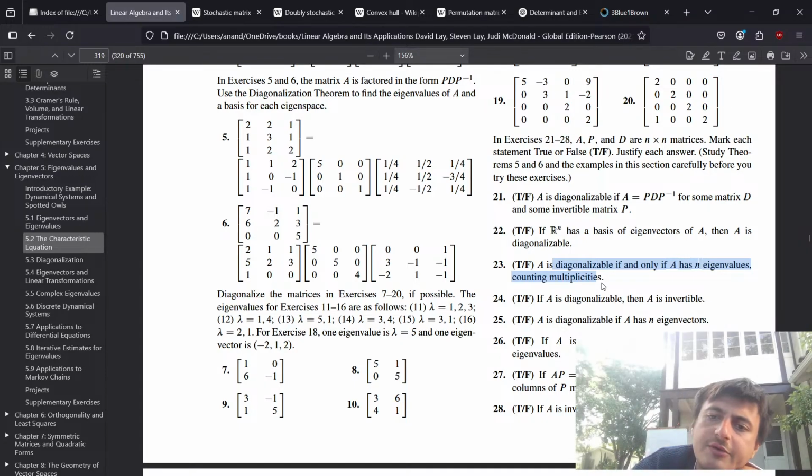But what's an example of something that's not diagonalizable? Maybe is the question.